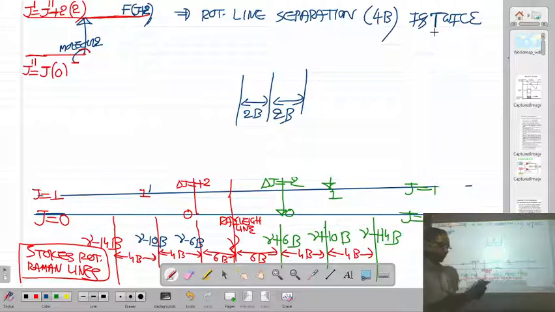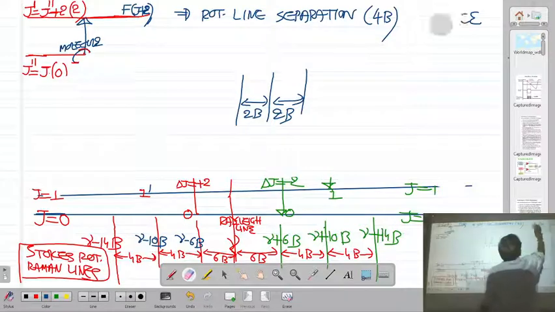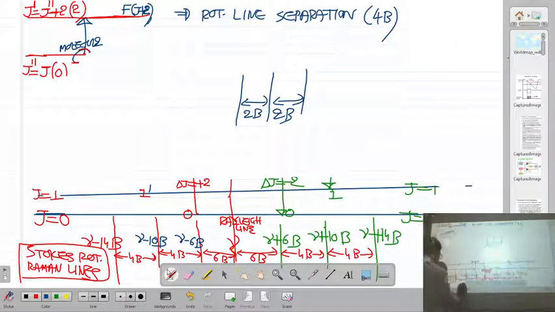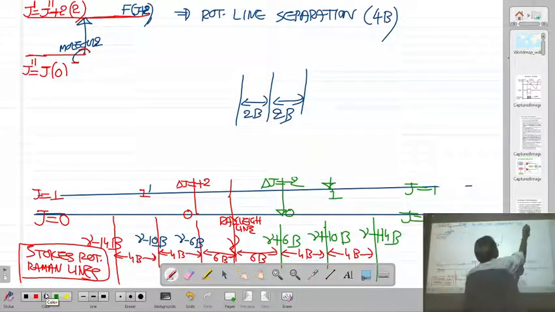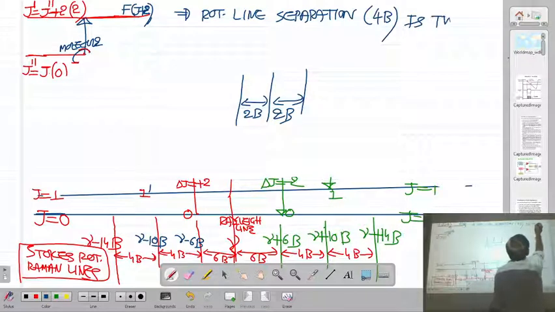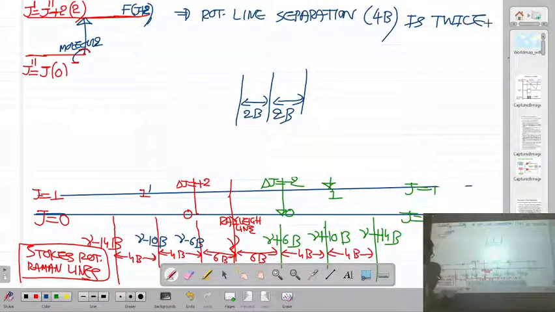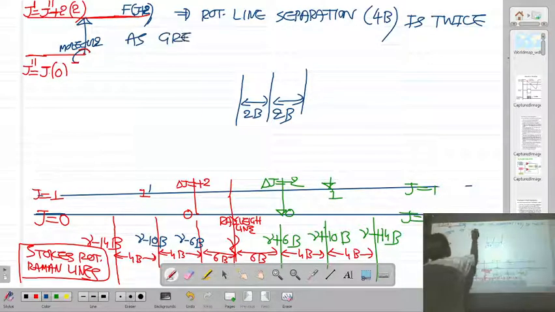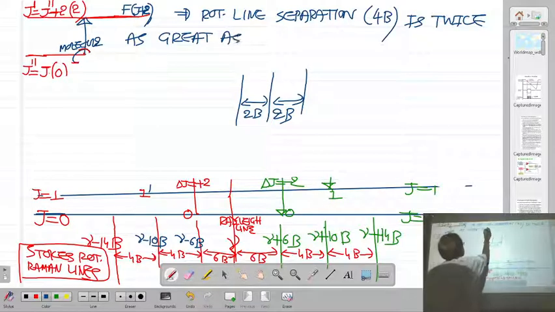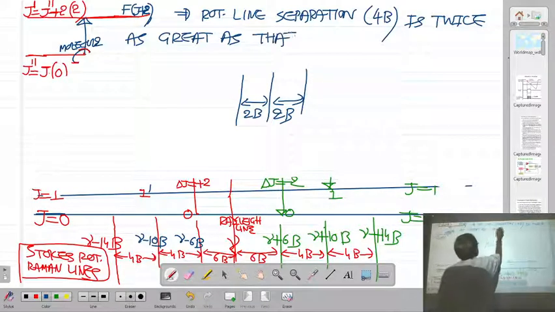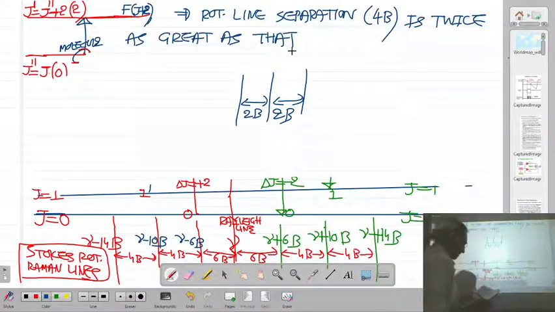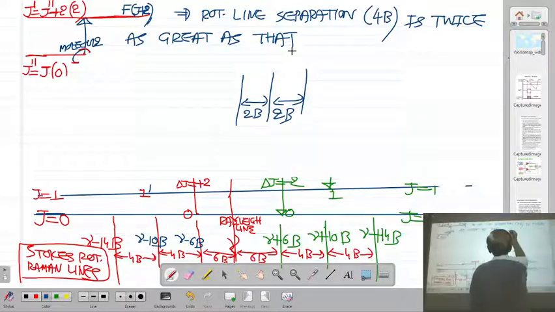So the rotational line separation 4b is twice as great as that in the far infrared spectra.